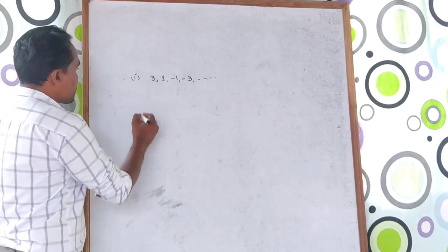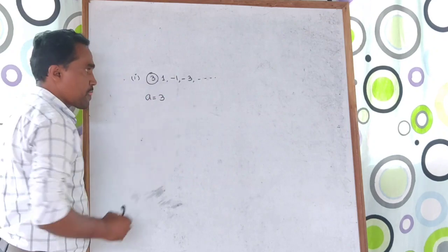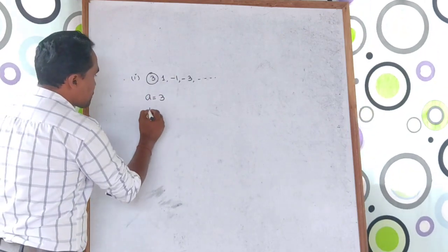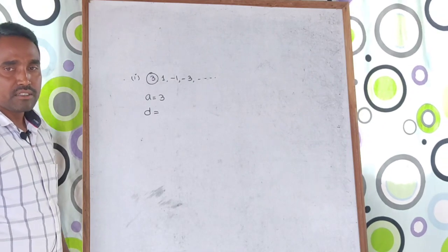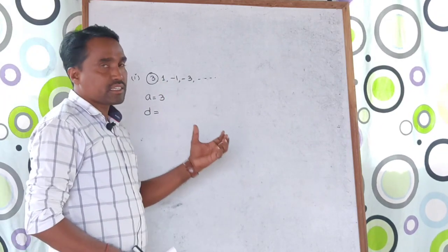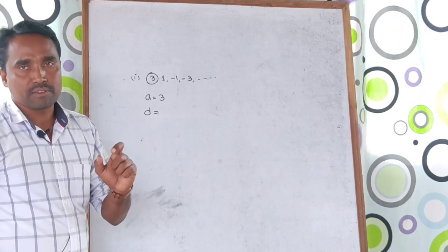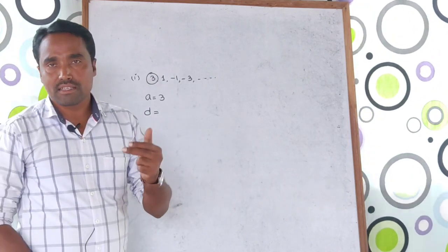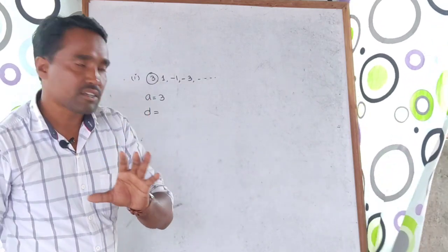Remember, the first term means A equals 3. Then the common difference means D. How to find D? We have a simple way to find the common difference. I told you, you can take A2 minus A1 or A3 minus A2 or A4 minus A3. This is the way to find the common difference.